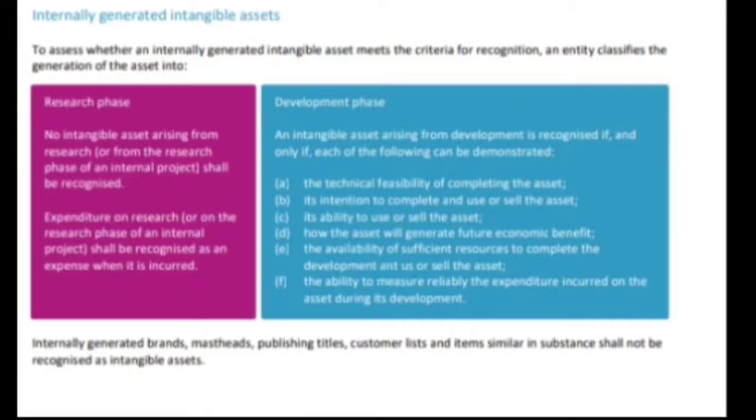Then, how the asset will generate future economic benefits. If the company has no idea how the asset shall generate future economic benefits, then the development cost shall not be accounted for as cost of intangibles.